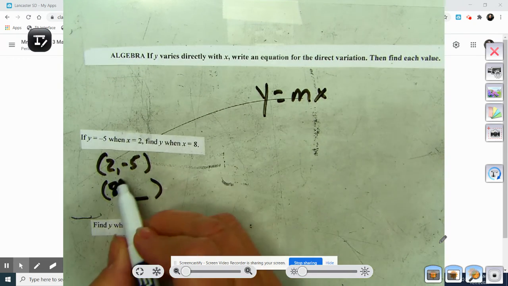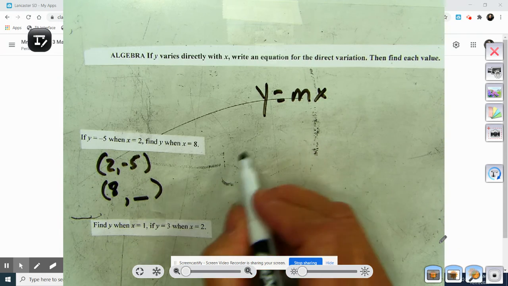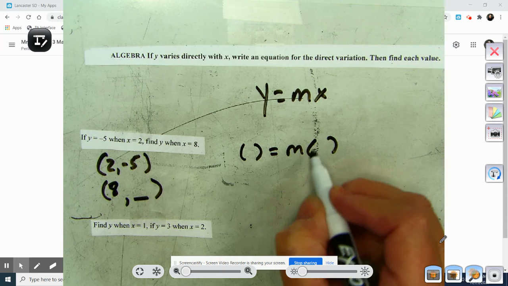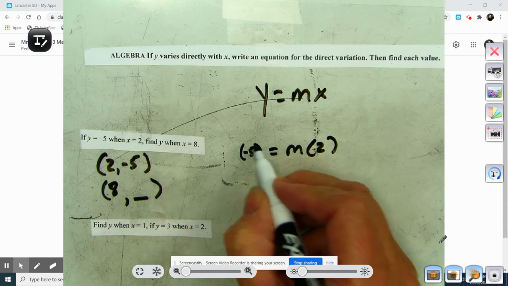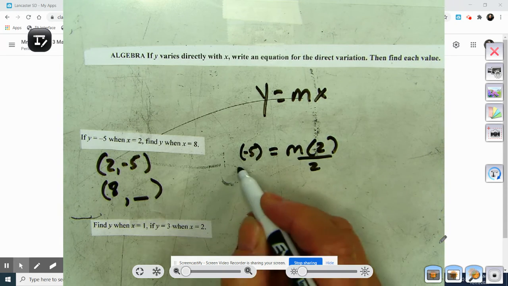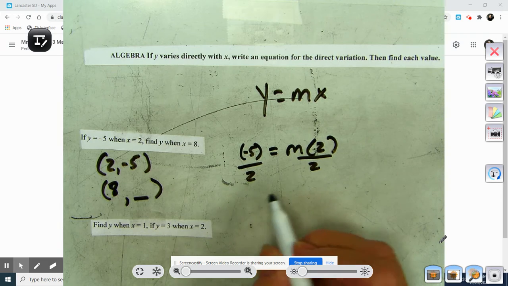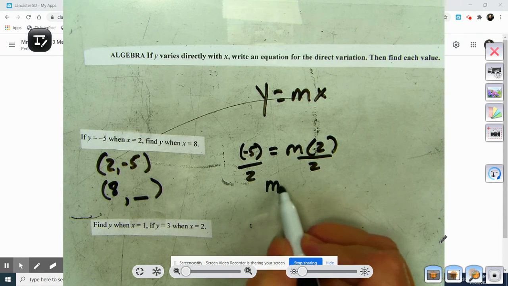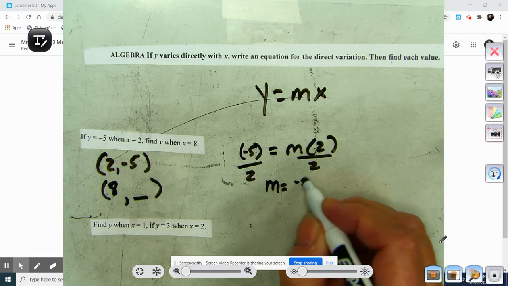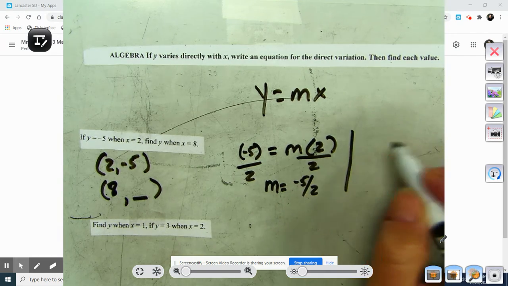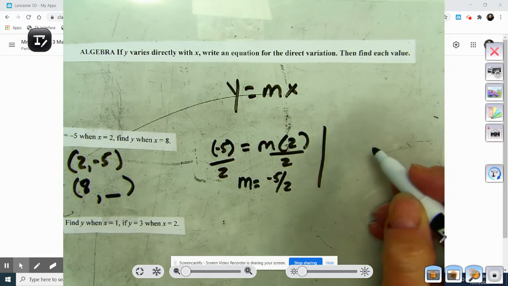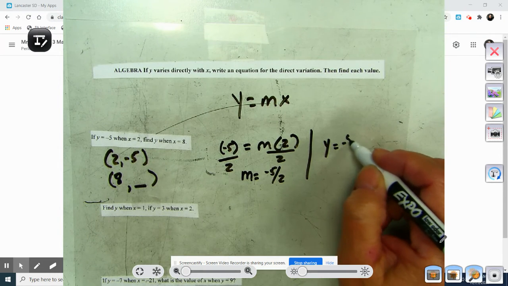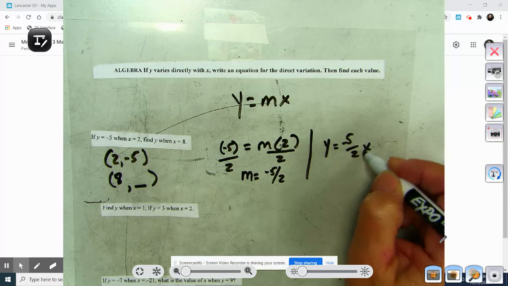So we're going to use this information in this equation. So y equals mx. So this would be 2 and negative 5. Divide by 2. And your equation is going to be, since this is m equals negative 5 over 2, your equation is going to be y equals negative 5 over 2x.